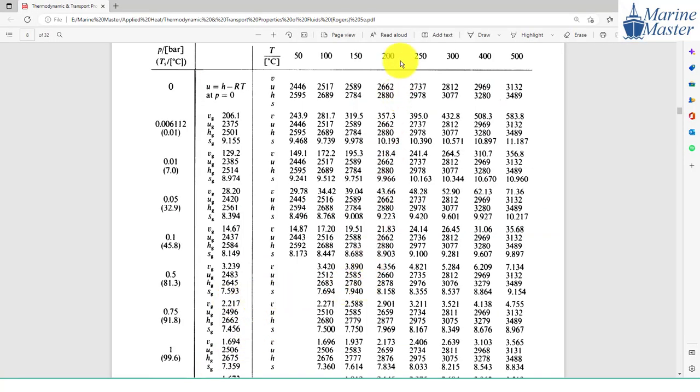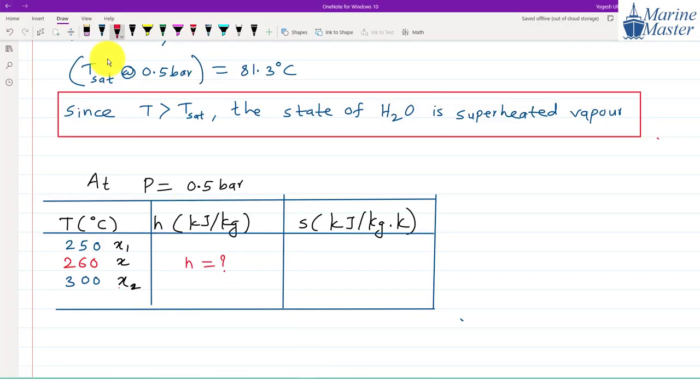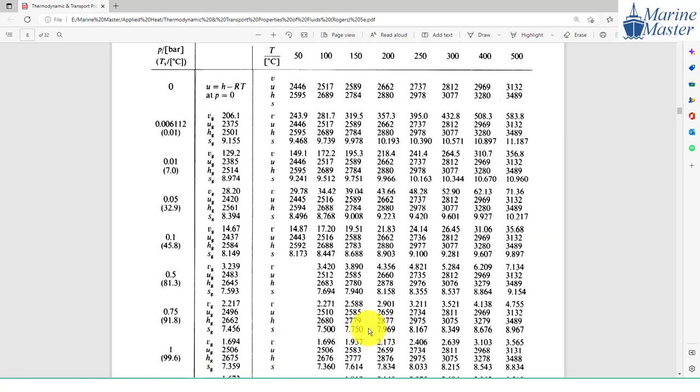At 250 degrees Celsius, the value of H for 0.5 bar is 2976, so I am writing down 2976. And for 300 degrees Celsius at 0.5 bar, it is 3076.